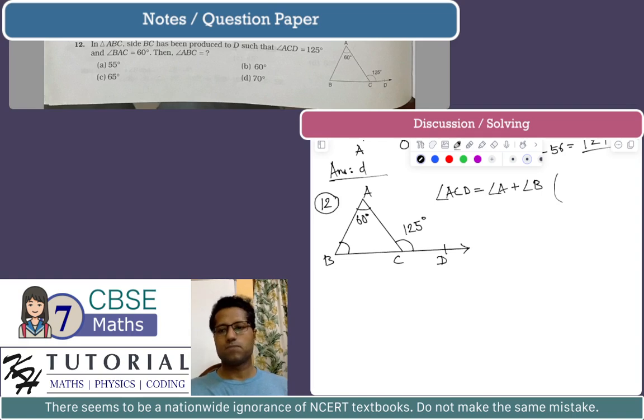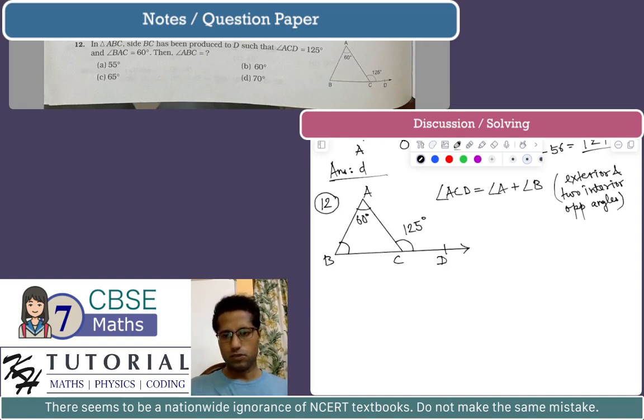Because of the exterior angle and two interior opposite angles. But in your exam, you have to write: angle ACD is an exterior angle to the two interior opposite angles, angle A and angle B of triangle ABC.